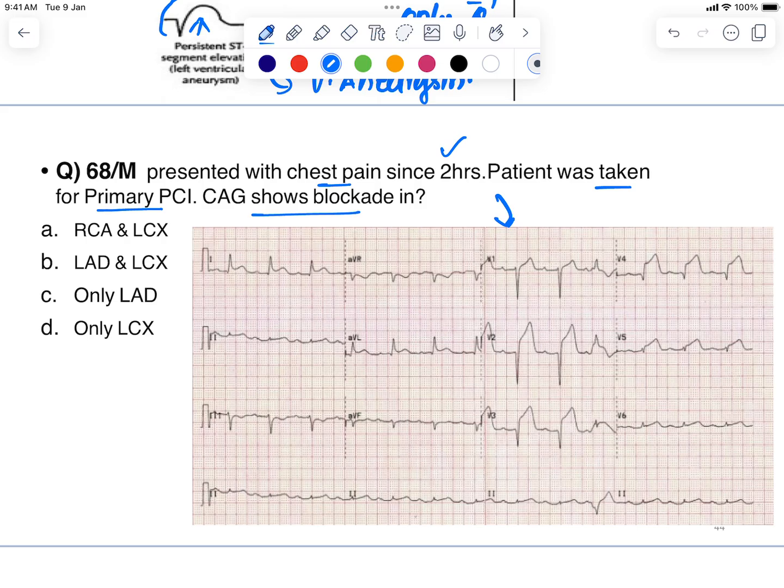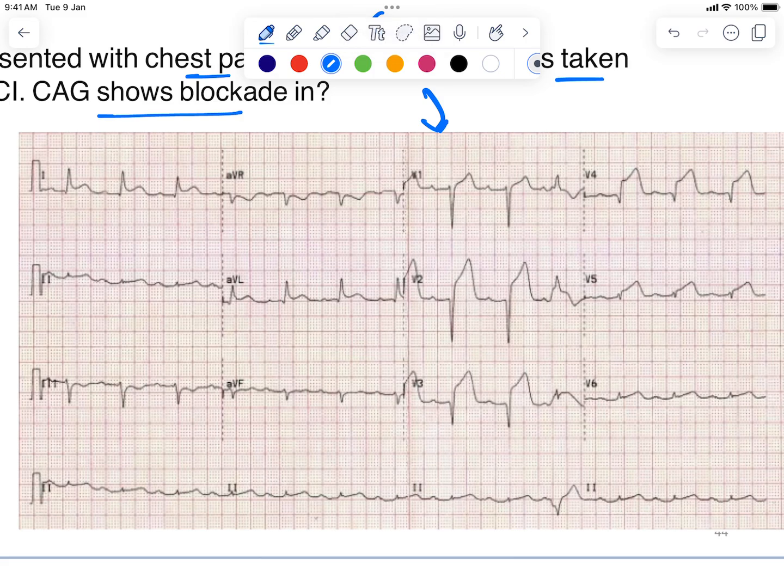Okay, so now you're having ST segment elevation in the anterior leads. You're also having ST segment elevation in the lateral leads as well. That is lead 1, AVL, V5, V6 also have ST segment elevation, and along with that, in lead 3 if you observe, there is ST segment depression.